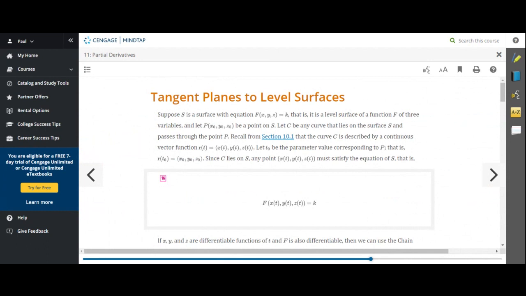You've heard about level curves. If you take a function of x and y and set it equal to a constant, that creates a level curve. Similarly, if you take a function of three variables and set it equal to a constant, you get a level surface.